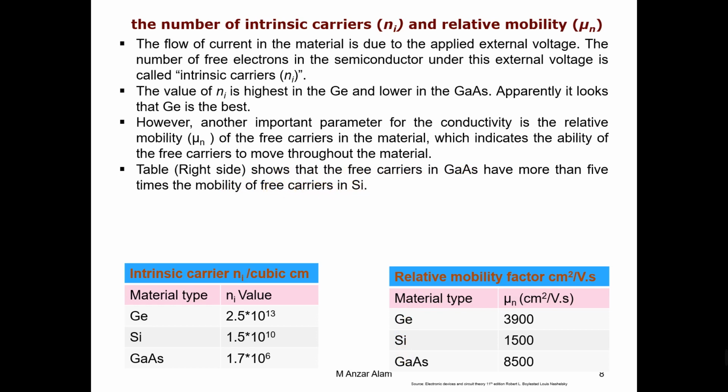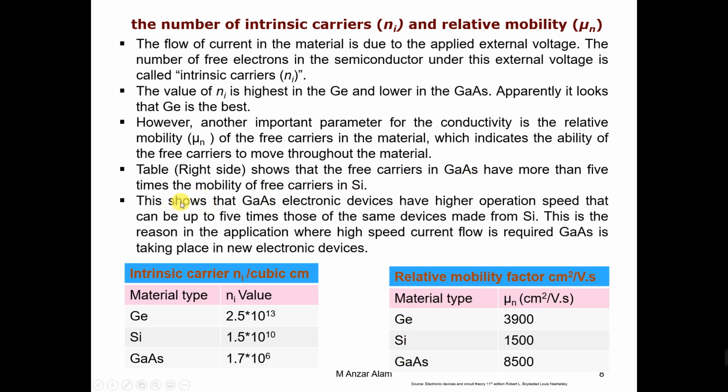So if we want to make a fast device, silicon is not good, germanium is also not good, but gallium arsenide is good. This shows that gallium arsenide electronic devices have higher operation speed, up to 5 times those of the same devices made from silicon.